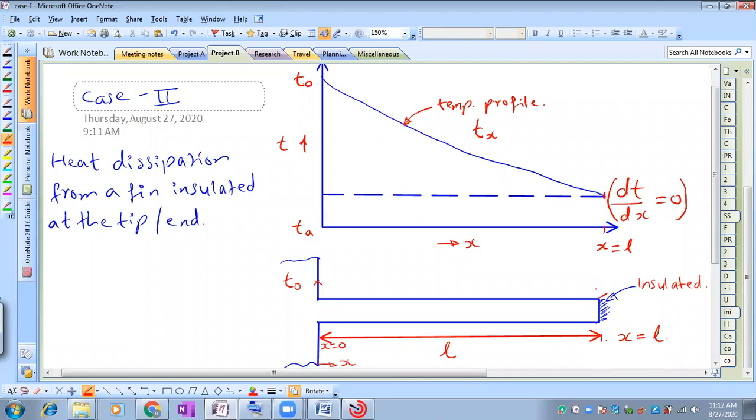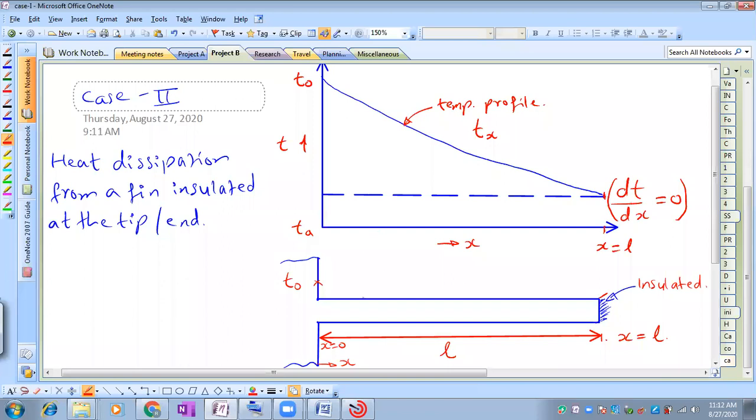But my temperature drop keeps decreasing, as it is a linear drop with respect to the fin length. So the temperature gradient will be 0 at the tip of the fin. Based on these two boundary conditions, we can have the temperature distribution equation and the Q of fin. Are you getting me?